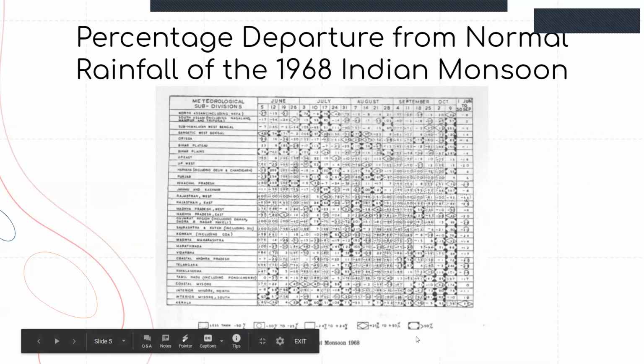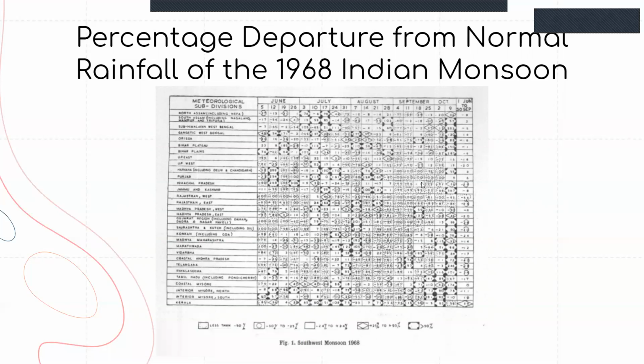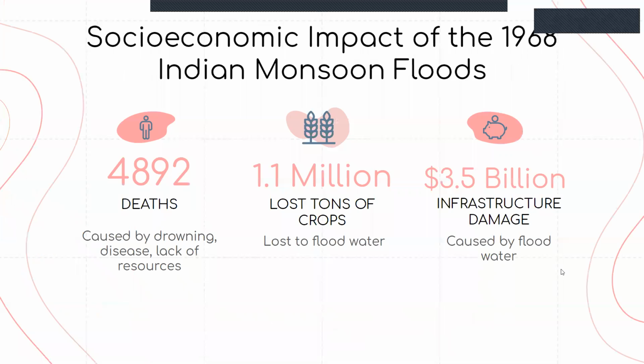But here we can see this little sign here is depicting greater than 50% of average rainfall. And if you look at the number of these along this chart, it's easy to determine that over half of the season and half of these meteorological subdivisions were just getting poured on.